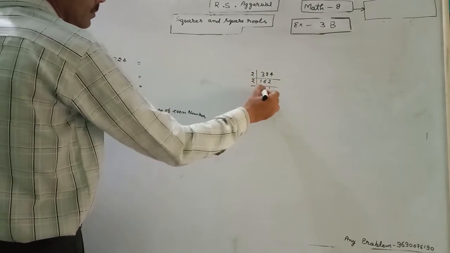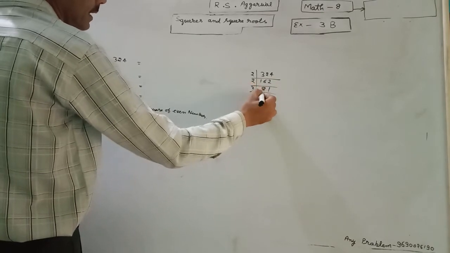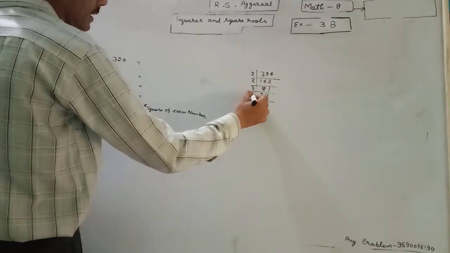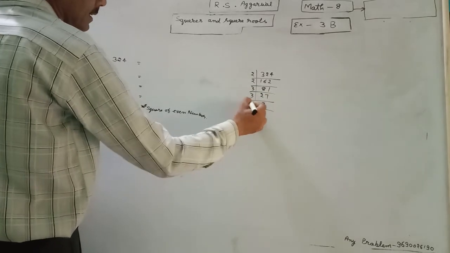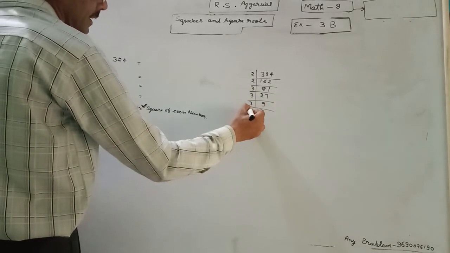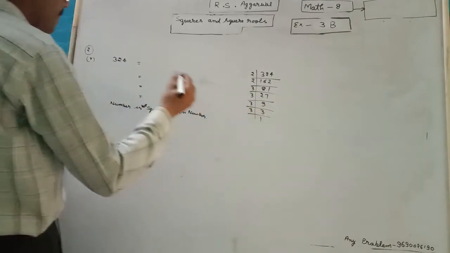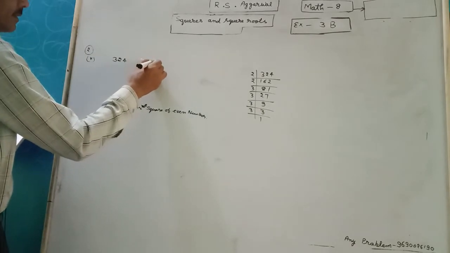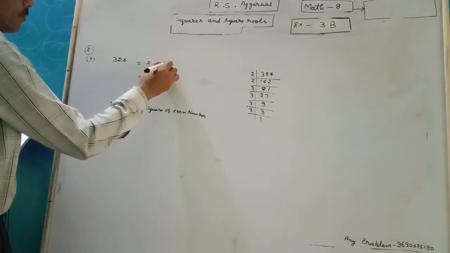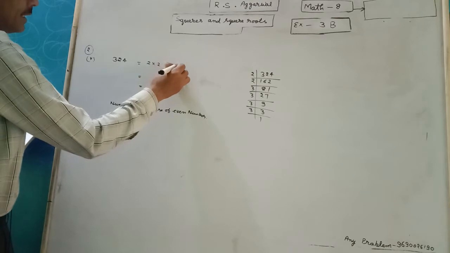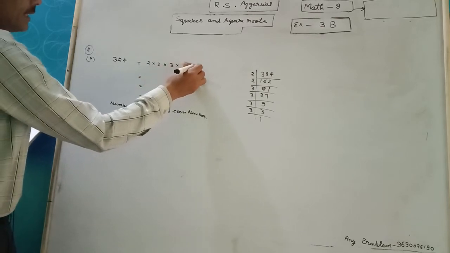Divide by 2. 3 divided by 27. 3 divided by 9. 9 divided by 3 and 3 1 the 3. Write the factor. 2 into 2, 3 into 3 and 3 into 3.